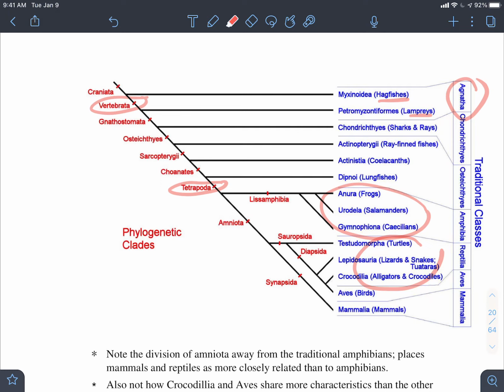But we also see this interesting little piece here where the aves, the birds, are actually very closely related to crocodilia. They share more characteristics than we might have pictured because birds are very different, obviously, than crocodiles.